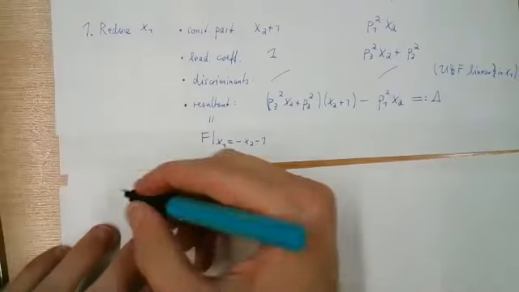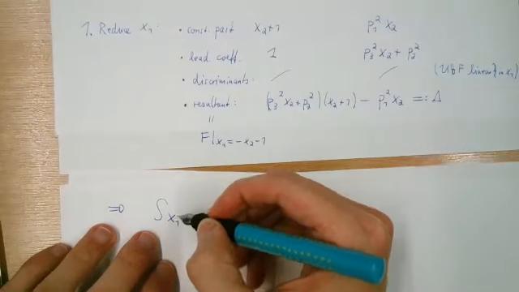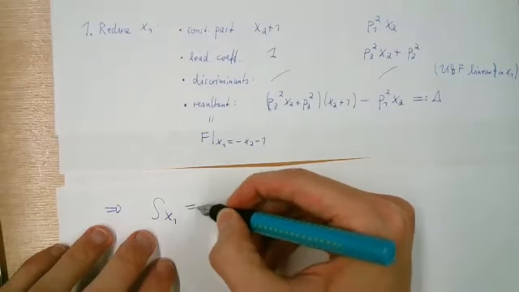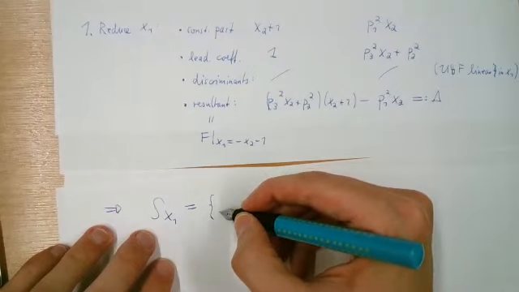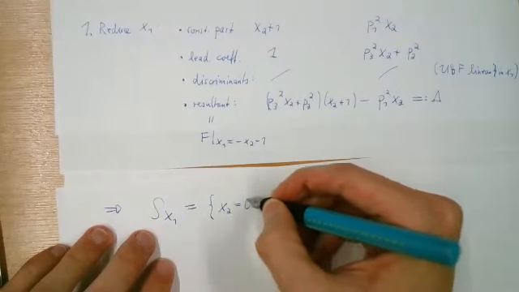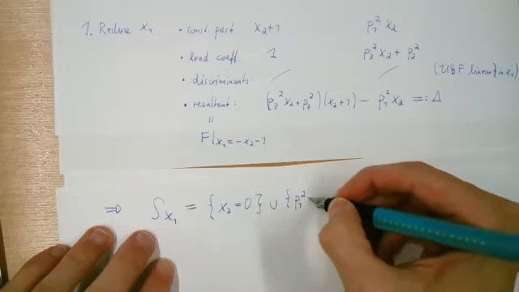So then the result after this first reduction has components that only depend on x2 and the kinematics. There's the component x2 equals 0. There is a component p1 squared equals 0.